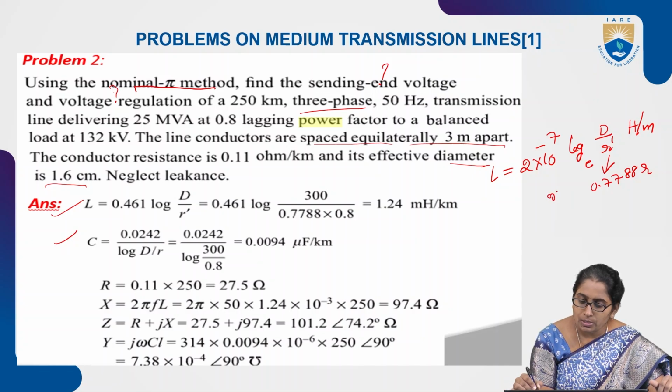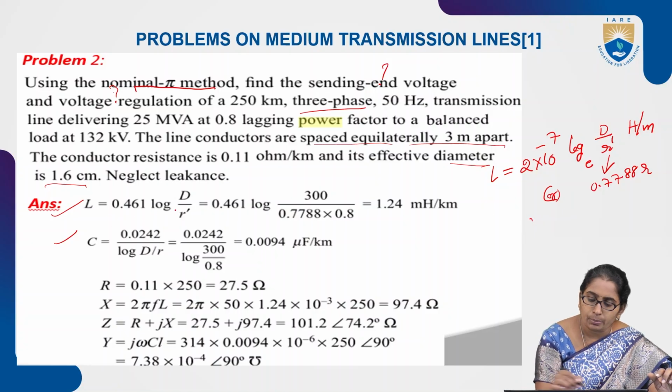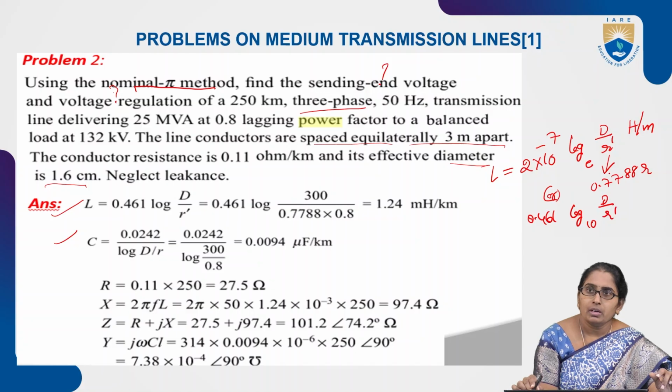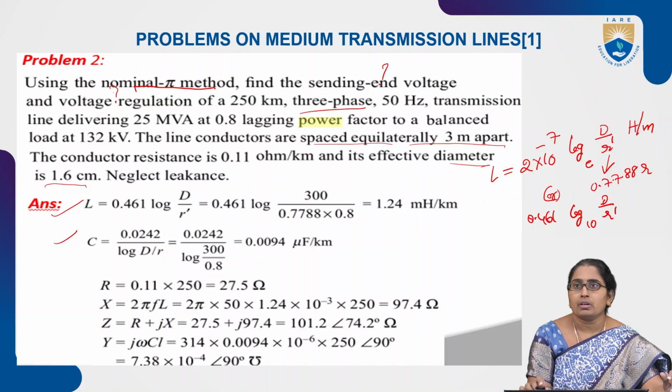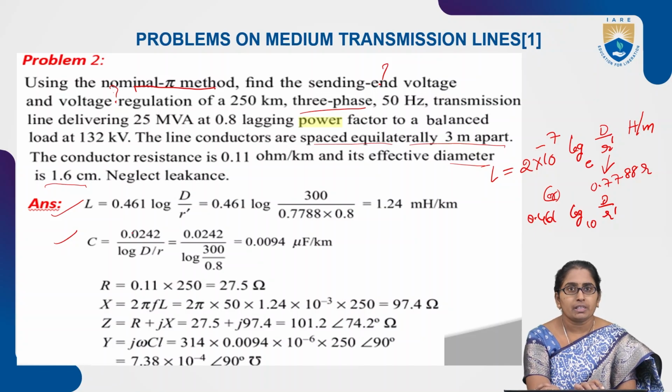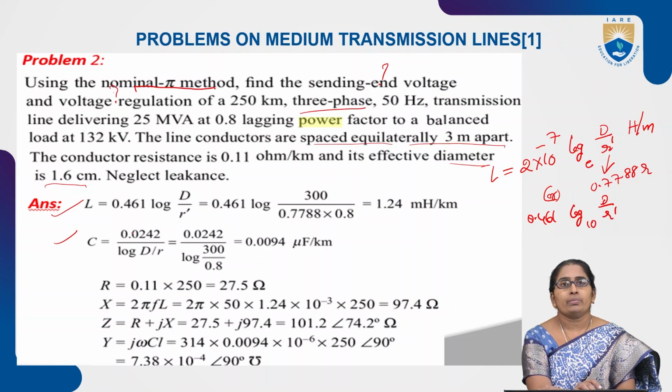Now the same expression is simplified by writing log base e in terms of logarithm base 10. It becomes 0.461 log base 10 D by R dash.